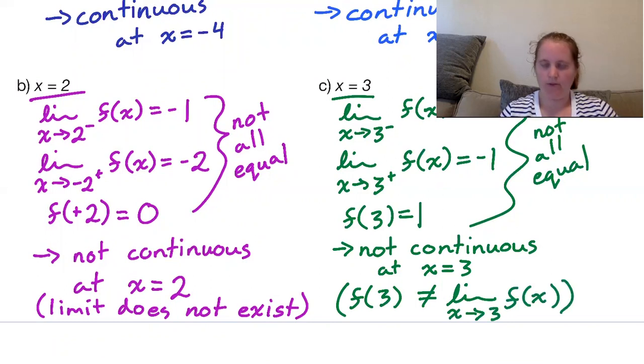So those are our main ways that the function may not be continuous. The other possibility is if the function is not defined at that point.